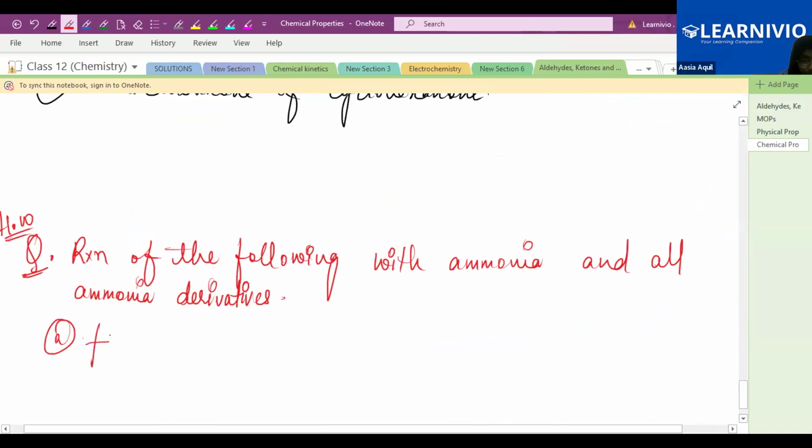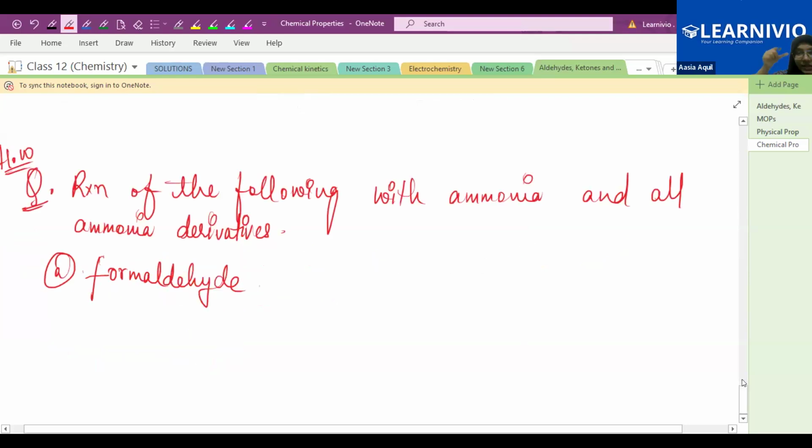And the first one is formaldehyde. I'm just giving the reactant and you have to treat with each and every reagent. Seven reagents I have discussed, and with ammonia and all its derivatives आपको reaction लिखना है. Plus the second one is acetone. I have discussed one with acetone plus semicarbazide.